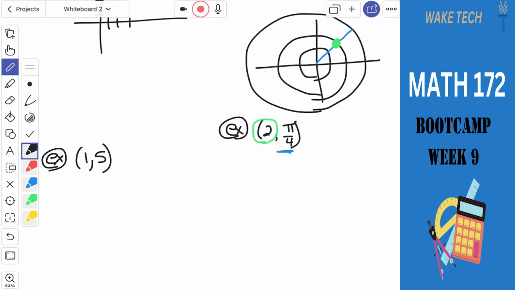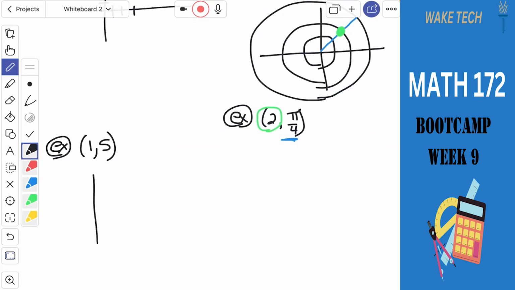So let's say we wanted to plot the point (1, 5). What we would do is go 1 unit to the right and 5 units up. So there's the point. What if, instead of having the point (1, 5) in rectangular coordinates, how could we express the same point in polar coordinates? Let's think about it for a second.